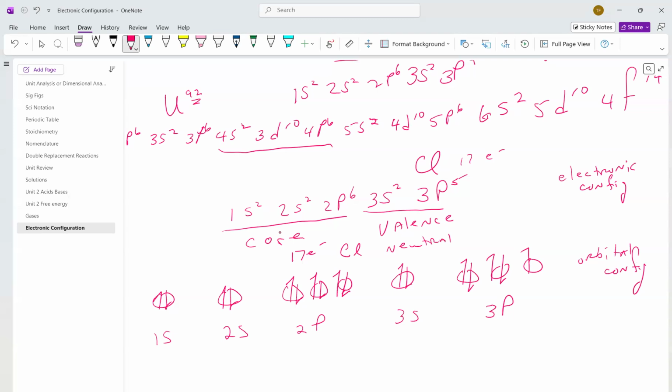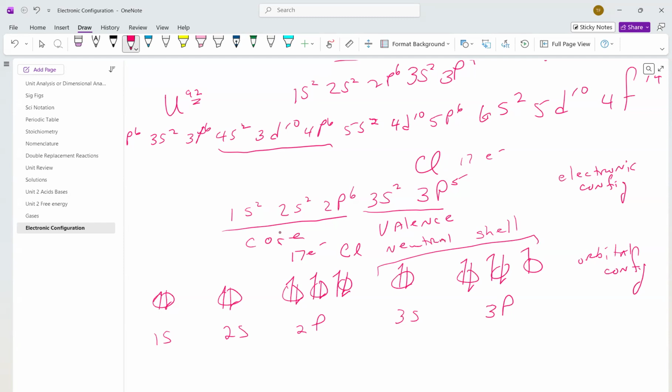Now, go over the rules. What's rule number 1 for stability? Full shell. That means everything in the 3s. Okay, is it full? No. What about a full half shell?